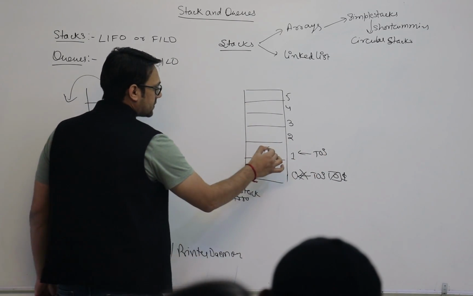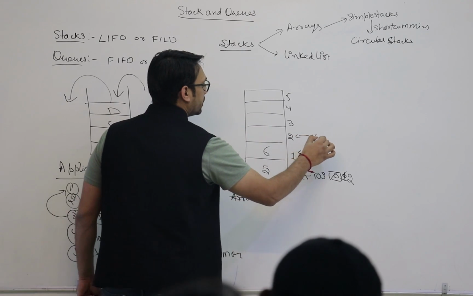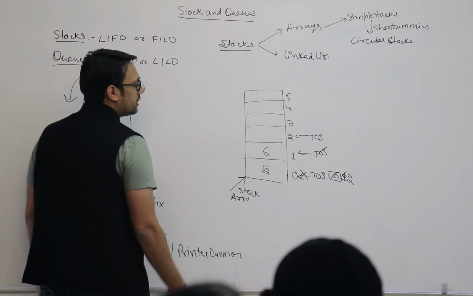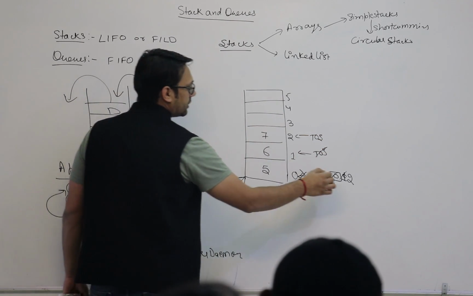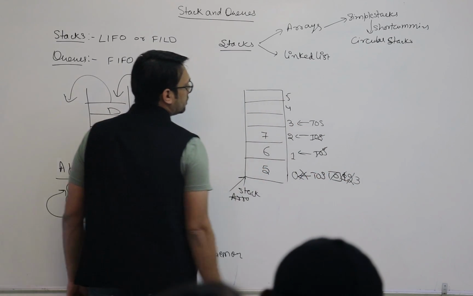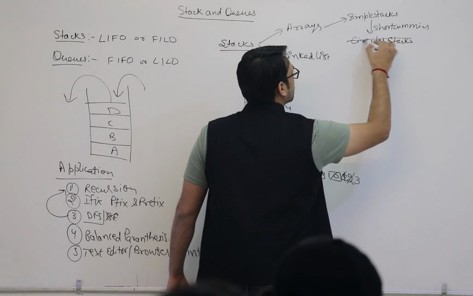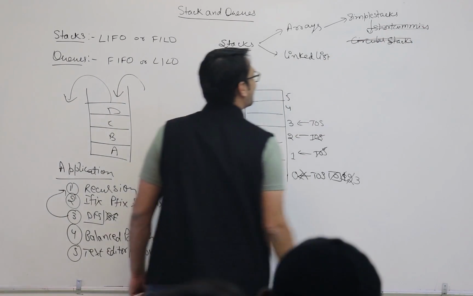If I insert 6, top of stack becomes 2. If I insert 7, it becomes 3. Okay, this is not circular stacks, that is circular queues. Anyways.